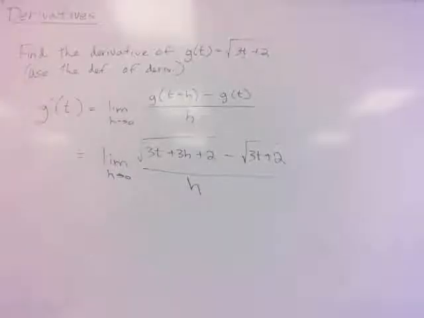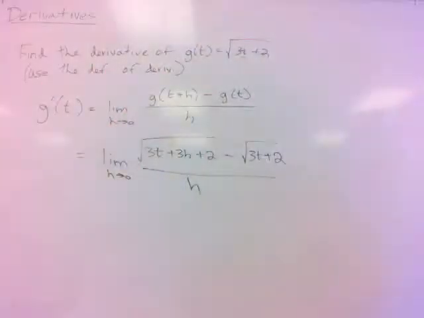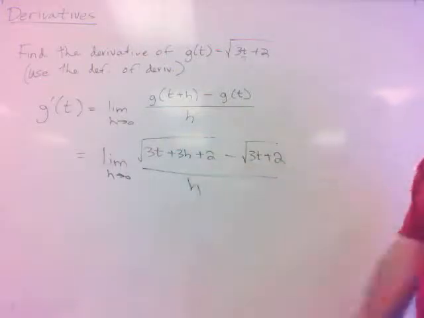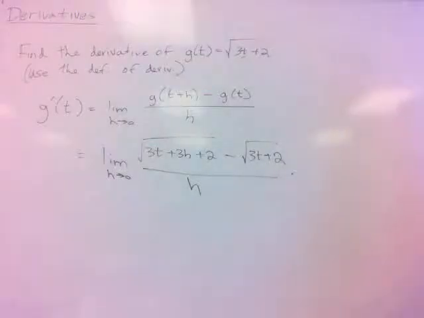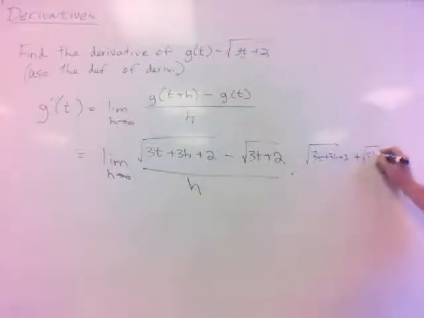All right, so here's a nice little limit with square roots in it. What do I do for limits with square roots in them? A lot of times I use the conjugate. I'm going to use the conjugate here. I can't substitute h as 0 because the bottom goes to 0. I'm going to take the top and multiply it by its conjugate: the square root of 3t plus 3h plus 2 plus the square root of 3t plus 2.